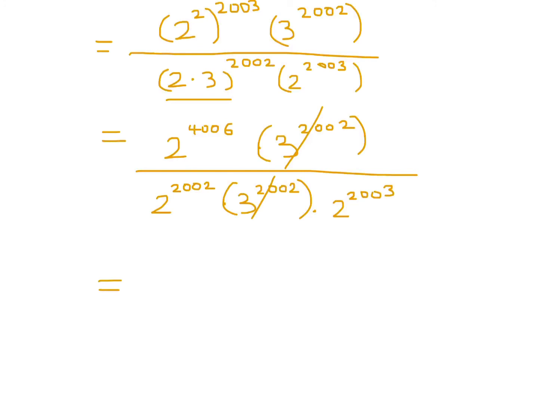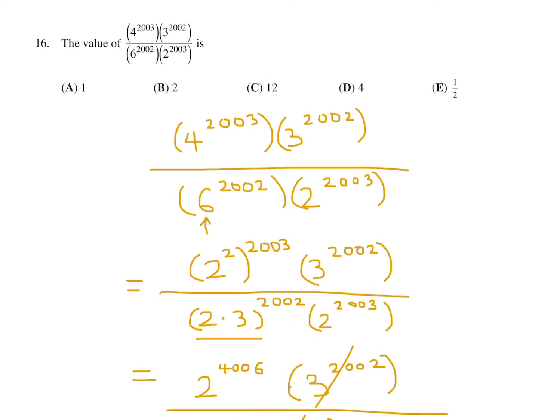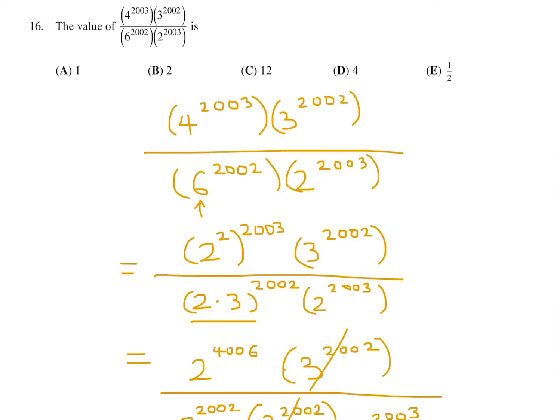And then we can combine these two. So the top is just 4006 and the bottom is 4005. And then this is just 2 to the power of 4006 minus 4005, like that. So this becomes 2 to the power of 1, which is just 2. So 16, the answer is B.